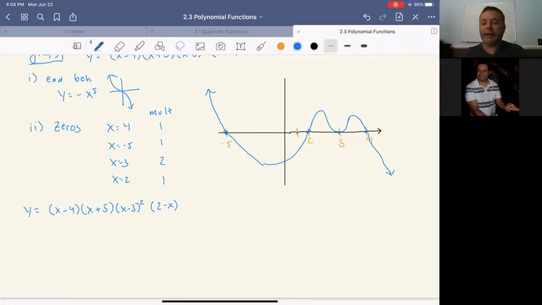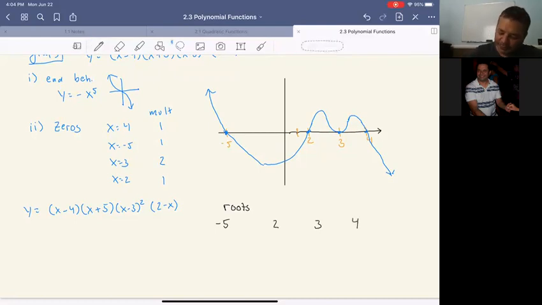So again, we have zeros. Where are our zeros? 4, negative 5, 3, and 2. So our roots are at negative 5, 2, 3, and 4.